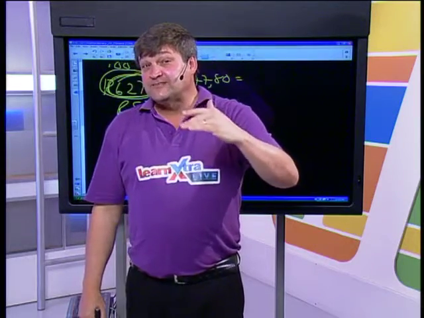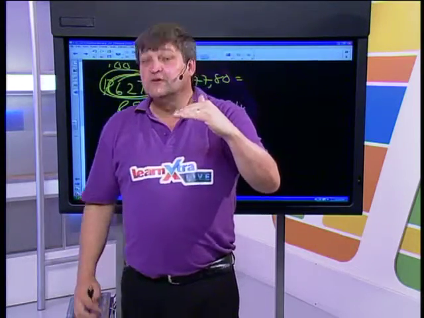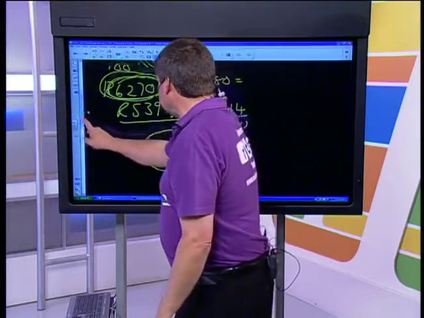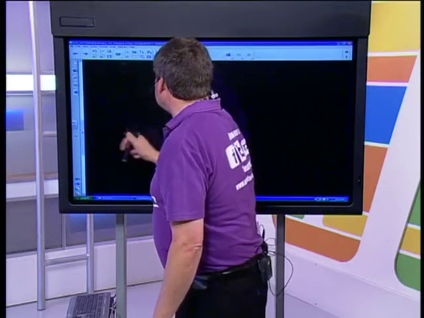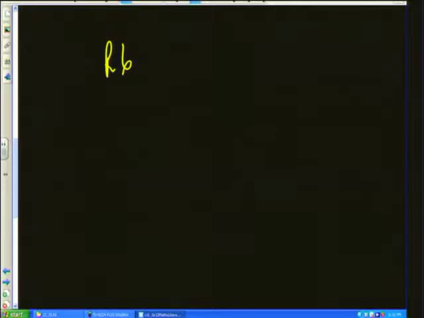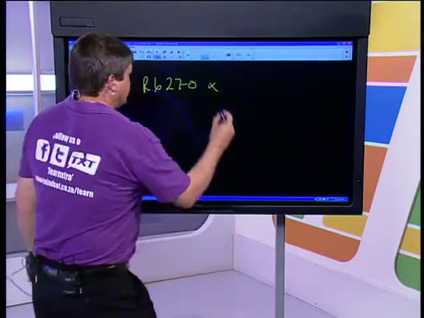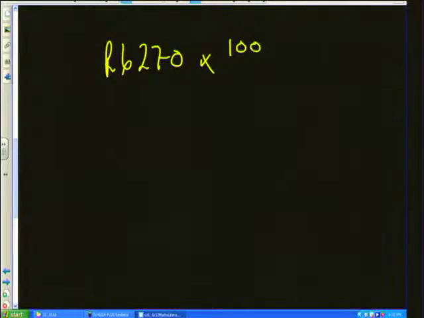If I'm trying to find that value of those goods before the VAT was added, I remember my magic number. It cost 6270. Now, if I wanted to add the VAT, I multiplied by 114 over 100. If I want to subtract the VAT, I'm going to multiply it by 100 over 114.